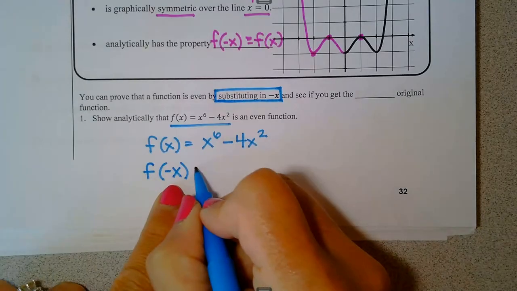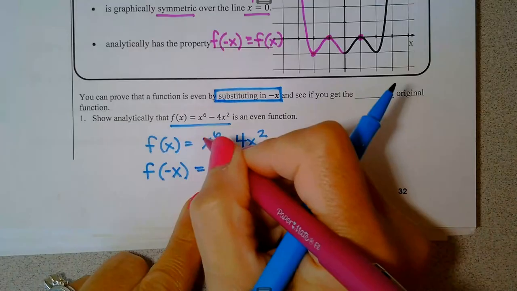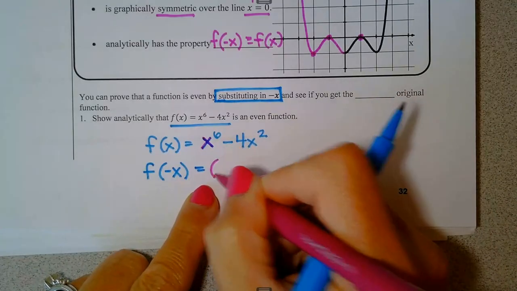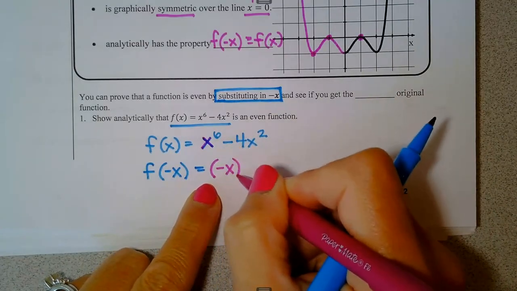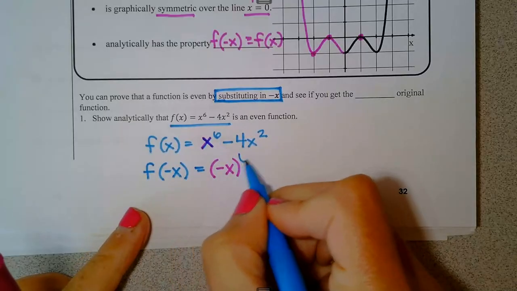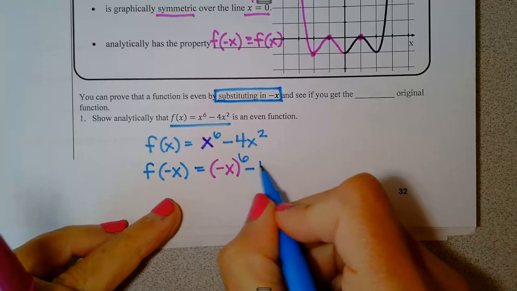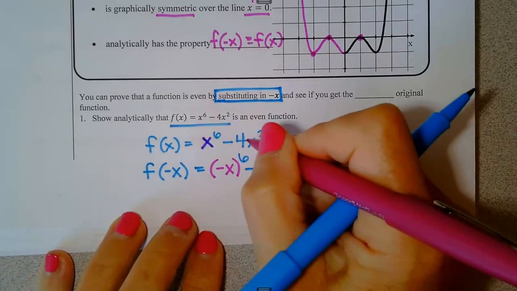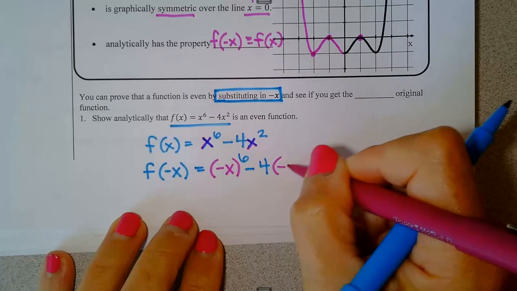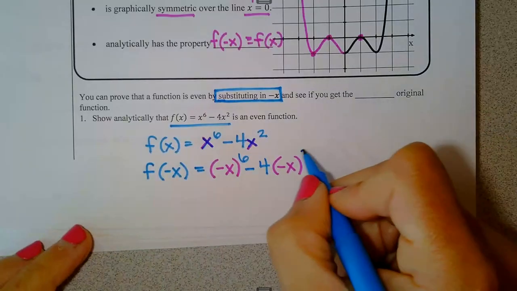What that looks like is, instead of this x right here, I'm going to put in parentheses a negative x. I keep the 6, and then I keep the minus 4, and then instead of this x, I'm going to put in a negative x, and I keep the squared.